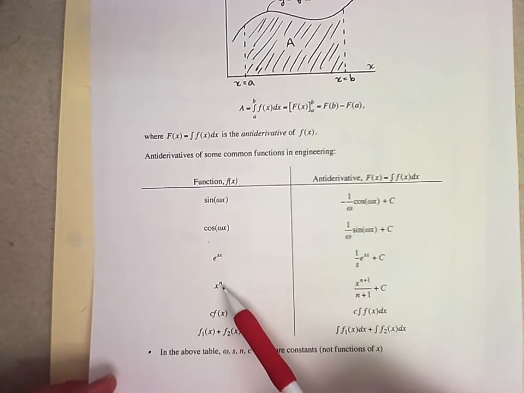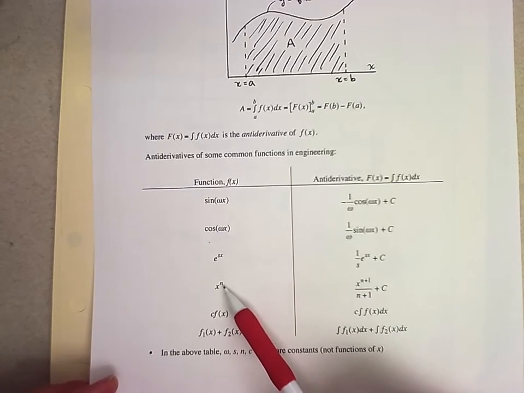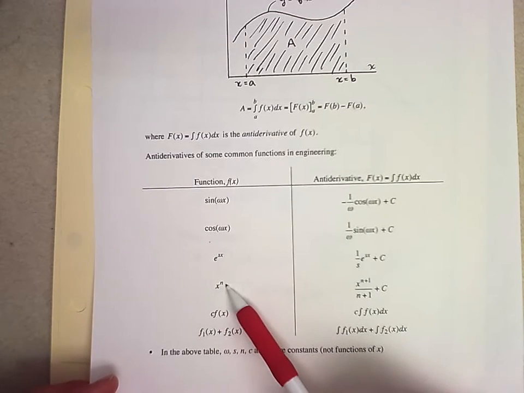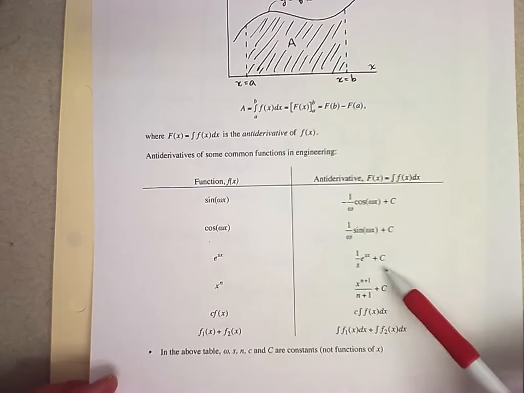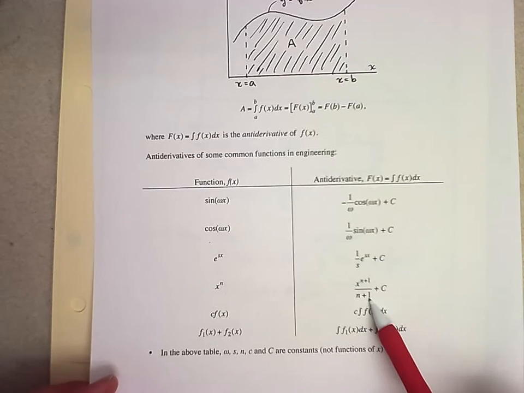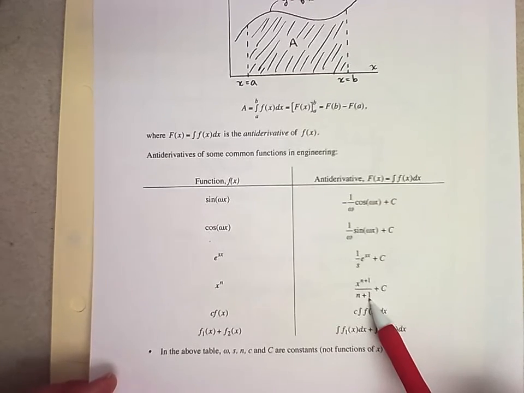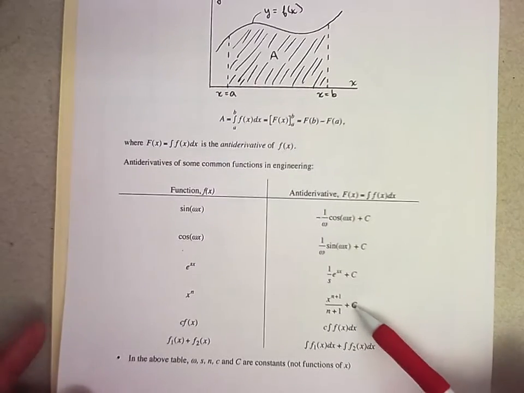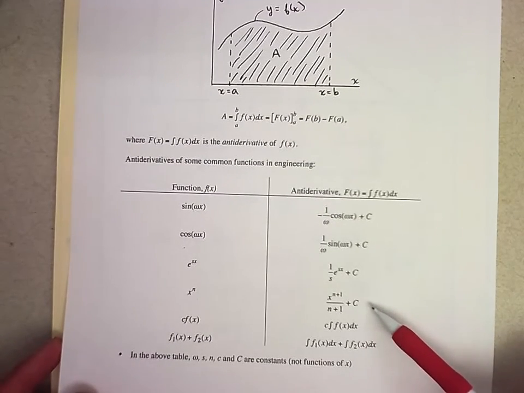When we took a derivative of a function, we brought down the power, multiplied by the power, and subtracted 1 from it. So to do the antiderivative, we do exactly the opposite. We add 1 to the power, and we divide by that new power that's had the 1 added to it.